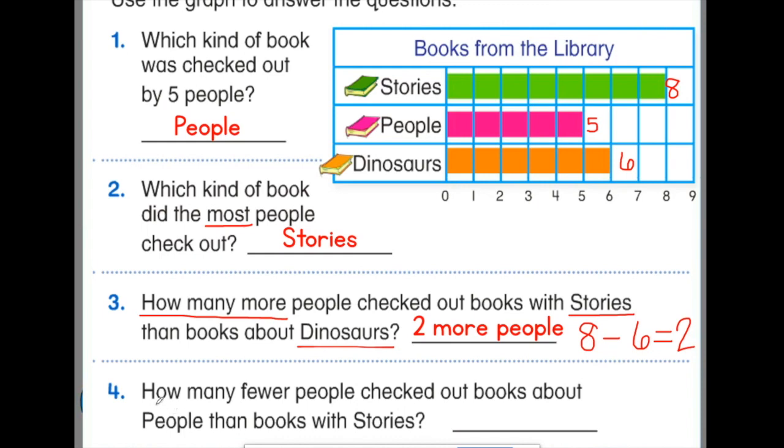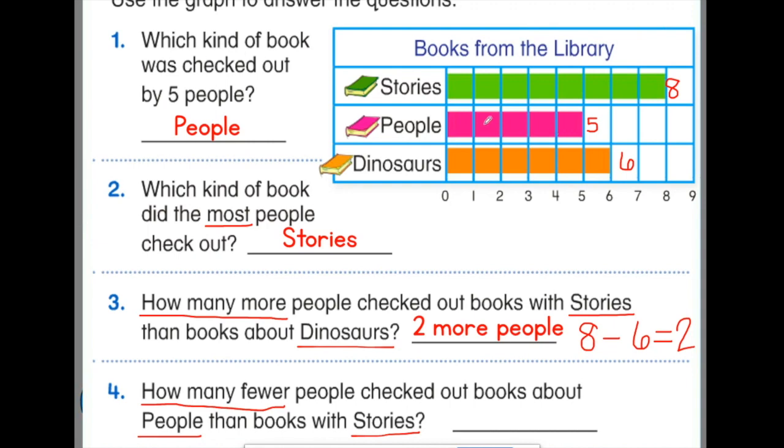Number 4, it says how many fewer people checked out books about people than books with stories. So again, we have those keywords in the beginning, but this time I want to know how many fewer, how many less. So I'm going to be comparing the people books and the storybooks. So let's take a look back up at our bar graph, and I want to look only at those 2 categories.